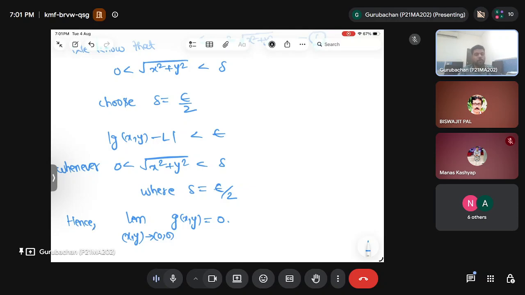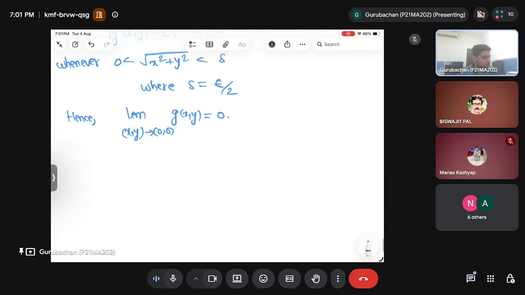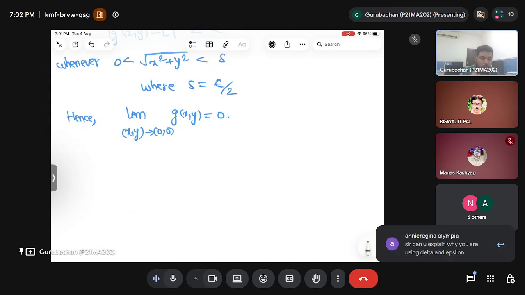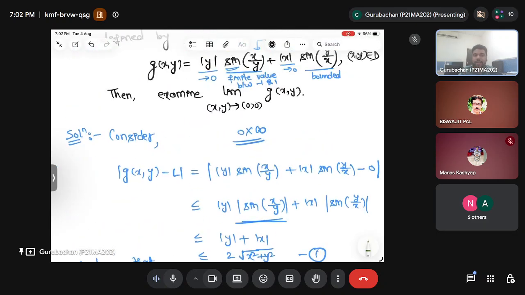Is there any doubt, is anyone having trouble following this solution? If not, then let me move to the continuity one. Manas told me earlier also, about one variable, so can you explain why you are, yeah, see, I told you there are two methods to show that the limit exists. One is the polar coordinate method, one is the epsilon delta definition in this two variable case.